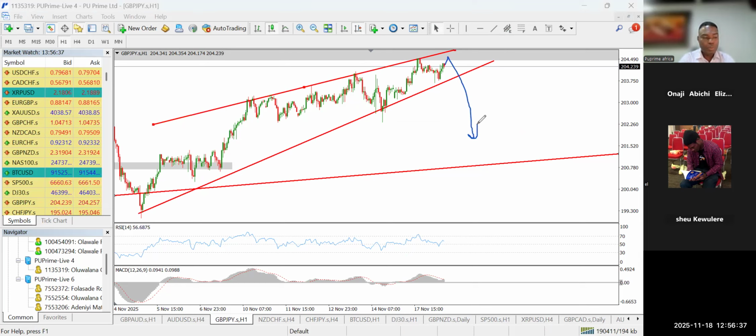So I'll hold on to a bearish projection on GBP in the bigger picture, pending the time price breaks out below the lower trend line. Of course, like I said, it may hit the resistance or it may not. But if you can see a breakout below the lower trend line, you'll be able to take a sell on the GBP. Don't forget there's a rising wedge to give confirmation to that. So we're bearish on the GBP JPY.